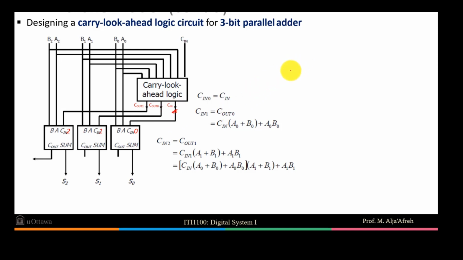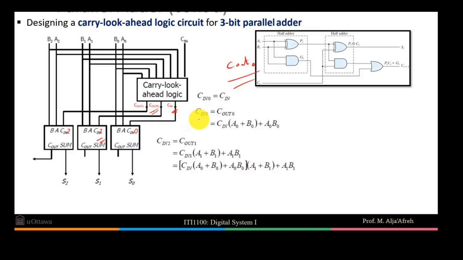And for the carry out, how can we get Cn out here? Cn out is connected to C out 0. So how can we calculate C out 0? Remember the full adder circuit here.